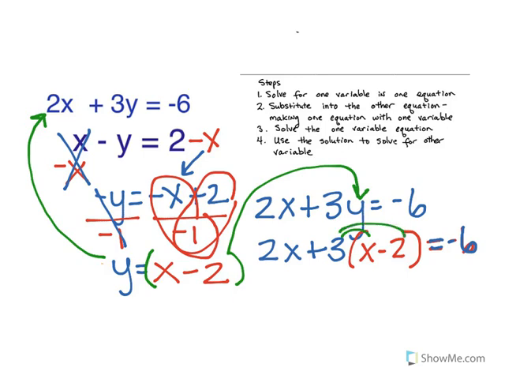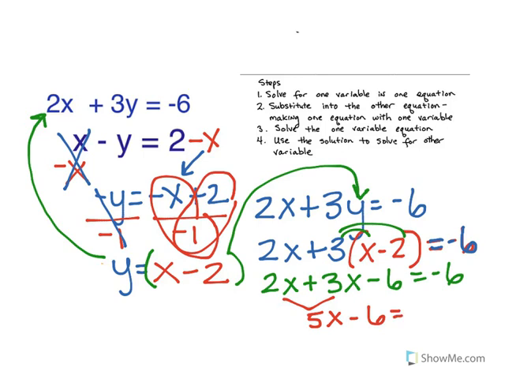We're going to distribute first because it has parentheses. So 2x plus 3x minus 6, so we're multiplying. And we're going to combine like terms. 2x plus 3x, so 5x minus 6 equals negative 6.